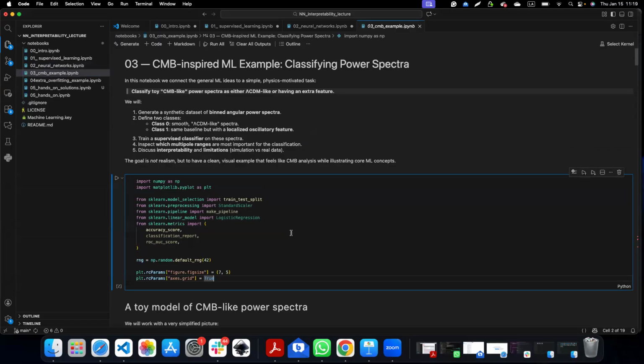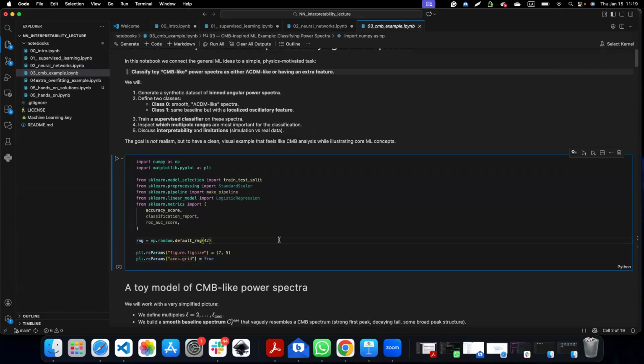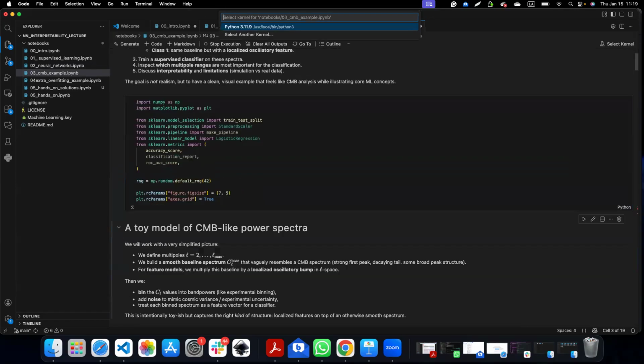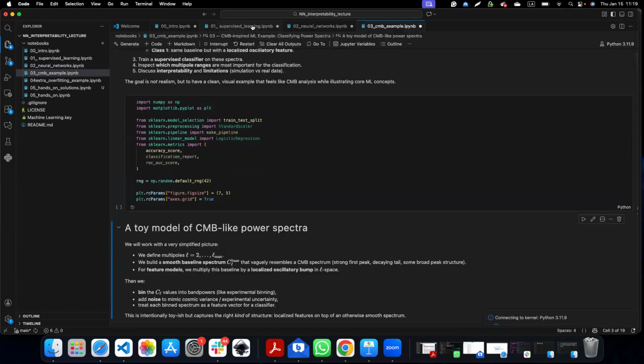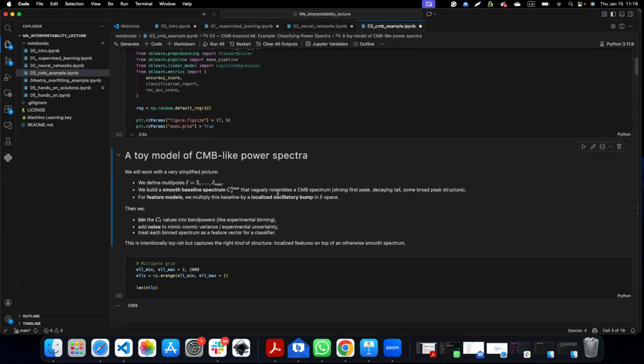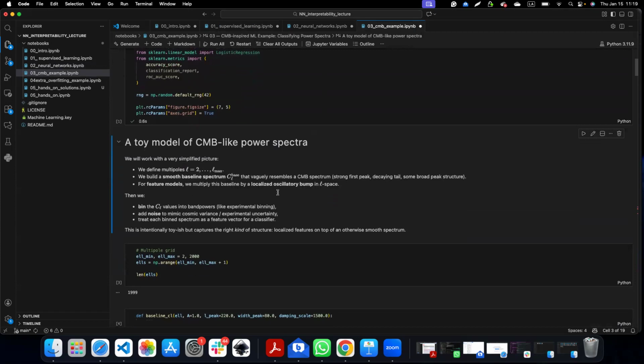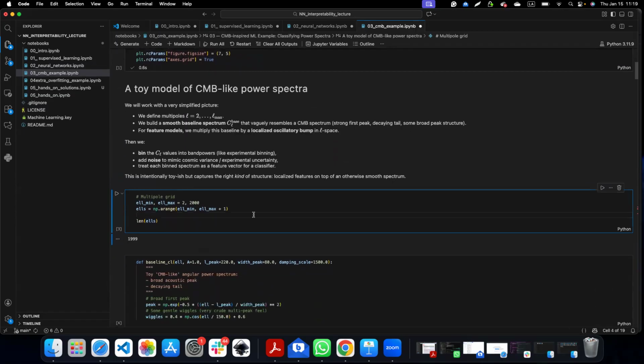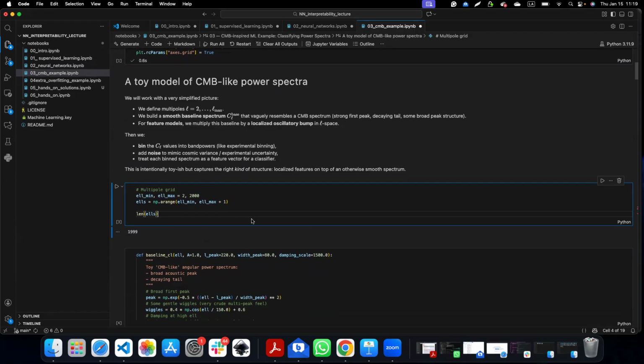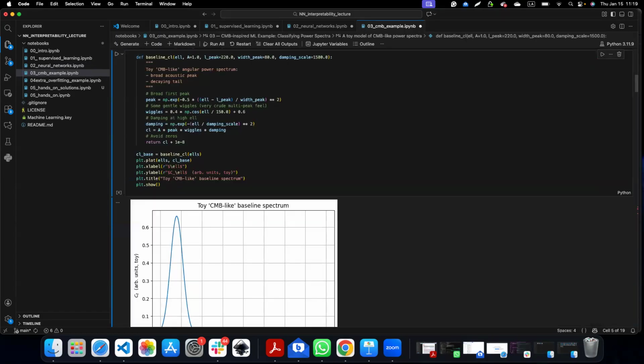So let's import our packages. Let's run. By the way, is somebody having any problems running the notebooks? No? Wow. To work with the 2000 Ls, which are like the multipole moments.